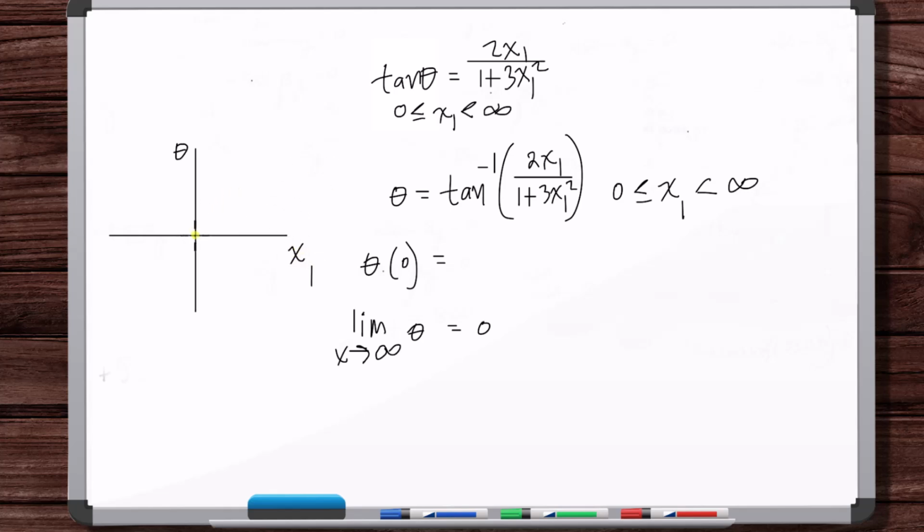Theta starts at 0, comes up, and then comes back down to 0. I just drew a parabola here, but it's not going to be parabolic. But that's the idea.